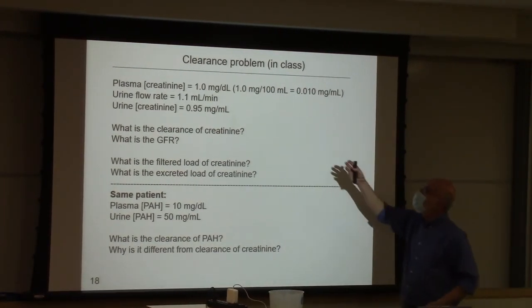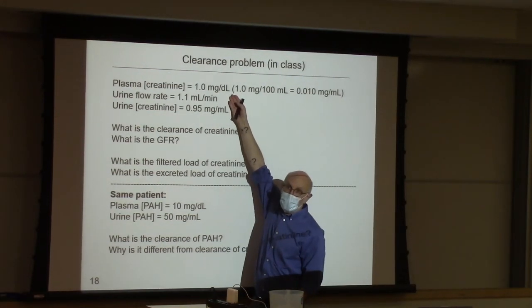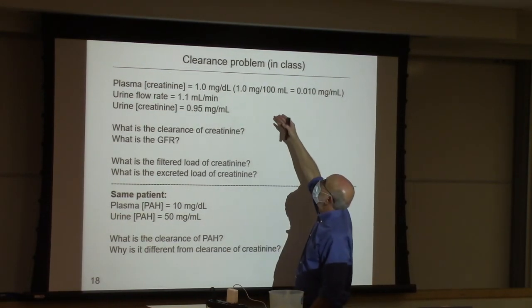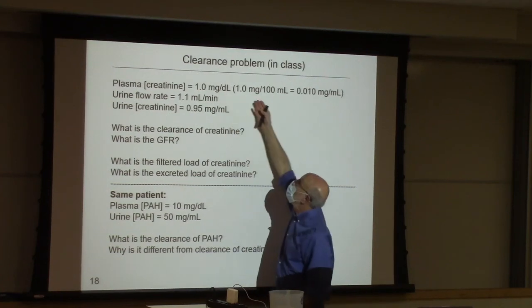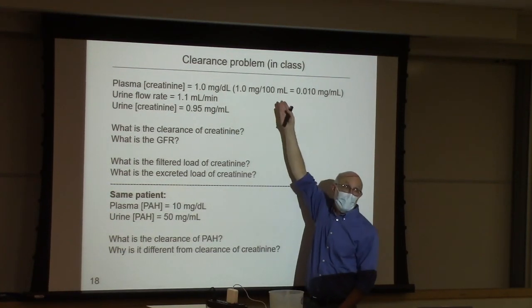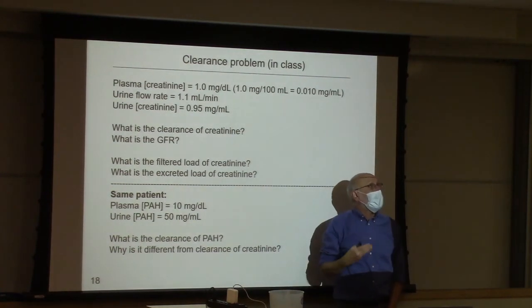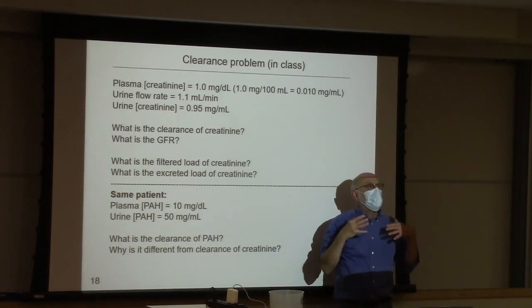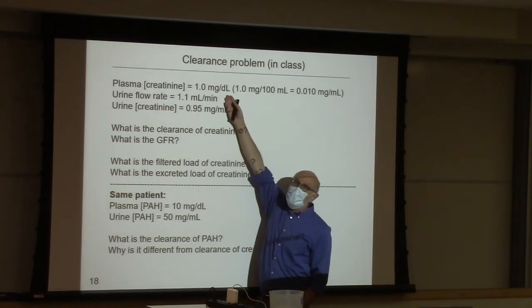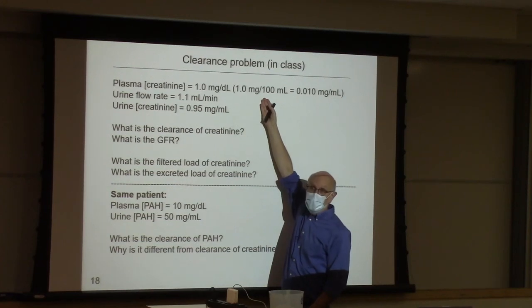There's another unit, called the deciliter. A deciliter is 100 milliliters. You know that a liter is 1,000 milliliters. Now you know that a deciliter is 100 milliliters.